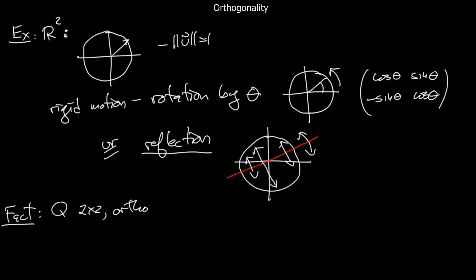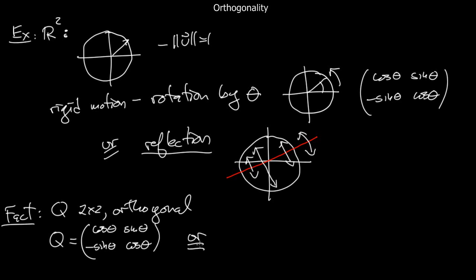For the 2 by 2 case, it's a fact that if you have a 2 by 2 orthogonal matrix, either it's of the form cosine, sine, minus sine, cosine, in which case it's rotation, or it's of the form cosine, minus sine, and then you just change the signs, excuse me for the pun, on the column on the right to make it like this.